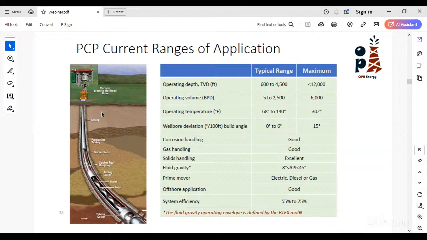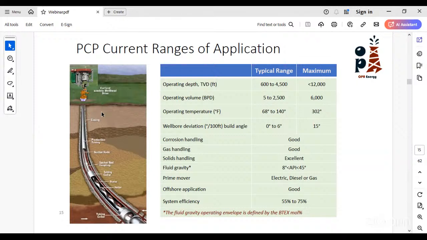It is very good in corrosion, very good in gas handling, and excellent in solids handling. The recommended API gravity for the oil that you produce can range from 8 degrees to 45 degrees. However, its best application is below 18 degrees API. The prime mover, as we talked before, can be electrically driven or use diesel or gas.